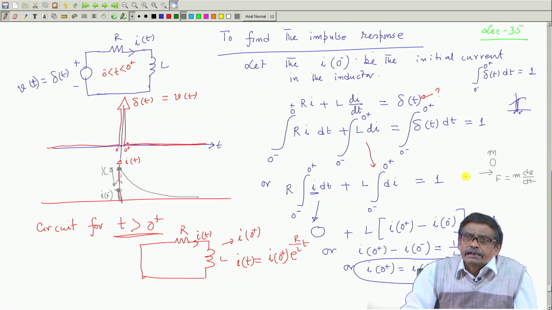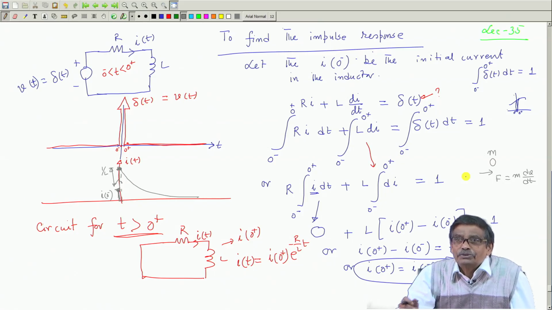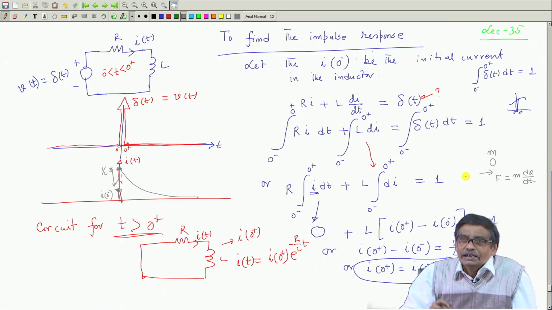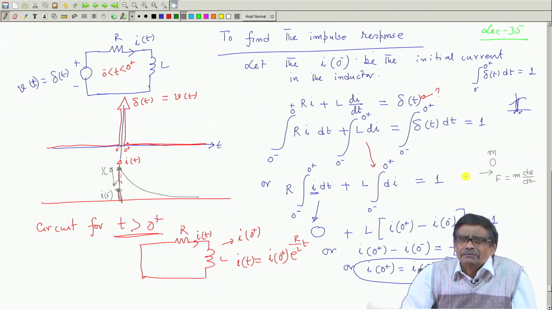What will be the contact time between the bat and ball? Very little, practically no time, but velocity has changed from 0 minus to 0 plus. Not only its magnitude will change, but also its direction, if you write in vector form. That is the impulse, is it not?